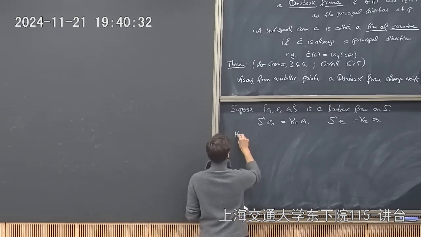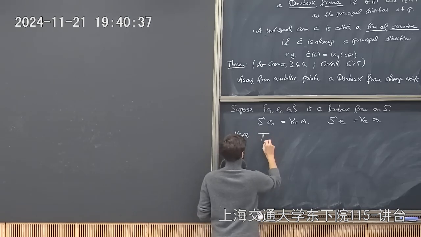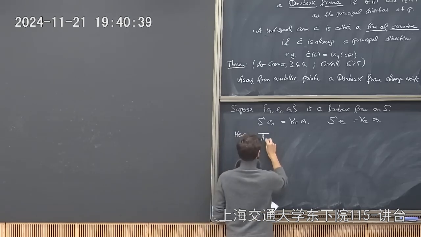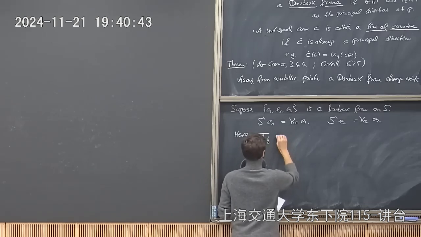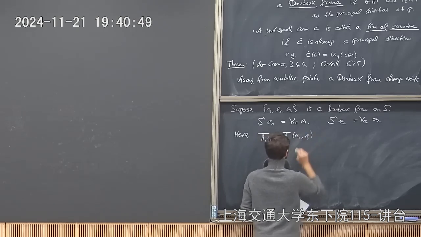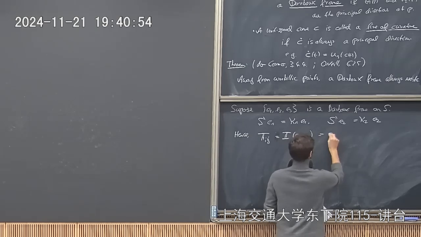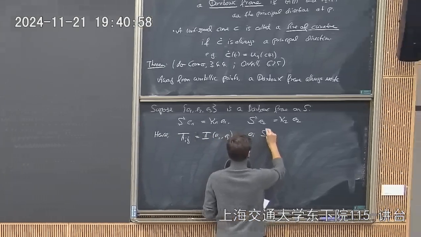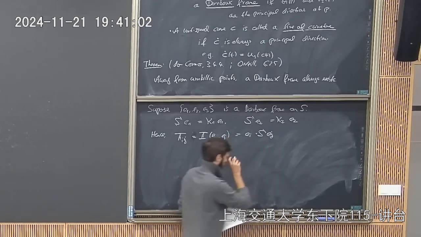So hence, if you calculate the fundamental matrix of the second fundamental form, where we plug in EI and EJ in the second form, what we get, by definition, is just EI times the shape operator applied to EJ.